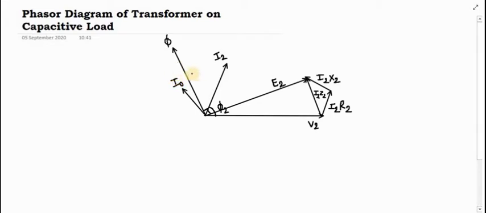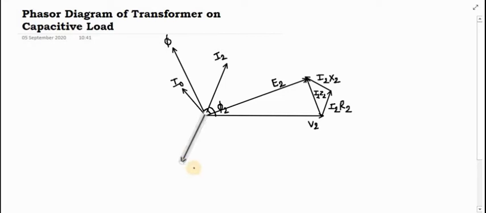Now when load is connected, in addition to the no load current, my primary will draw some extra current so that it will neutralize the demagnetizing effect of the current flowing through the secondary winding. That component of your primary current is nothing but I2 dash, which is also called the load component of your primary current. It is equal in magnitude to your secondary current but opposite in direction. So I will mark this I2 dash on this side.